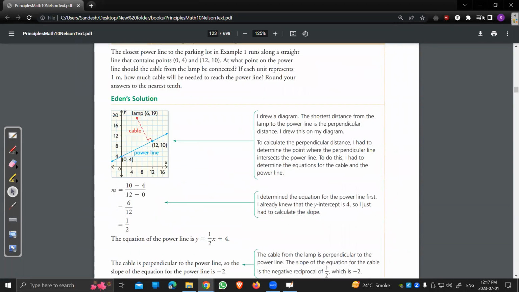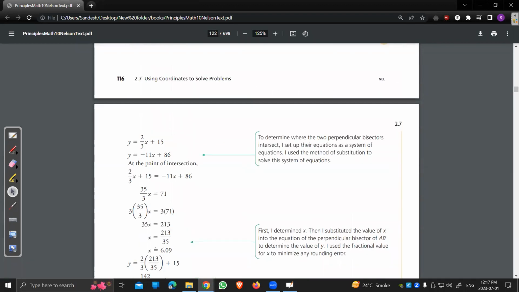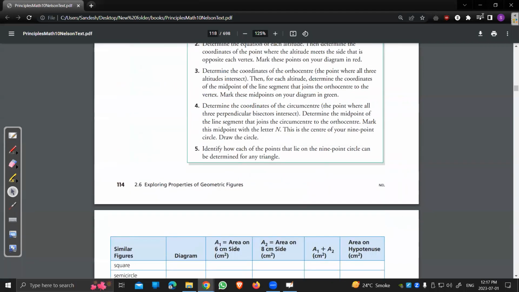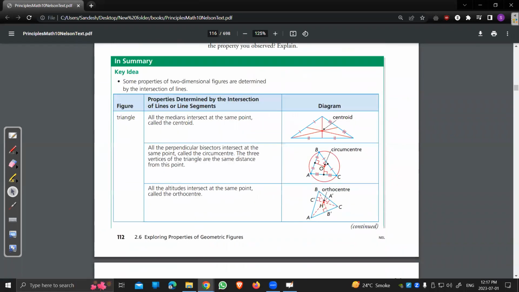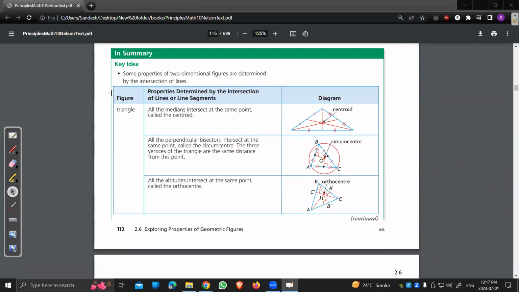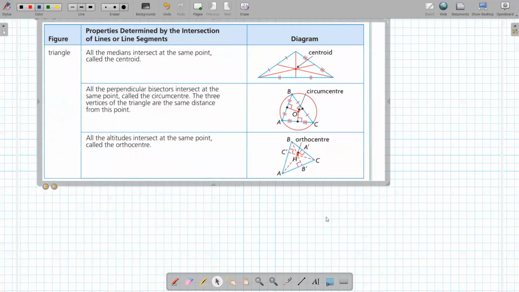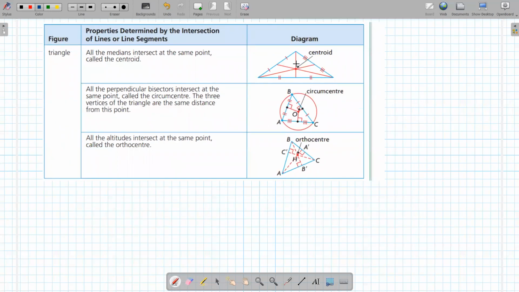Before we do this, let's do a question up here maybe. That's just that. All right, here. So if you have three different median lines, right?